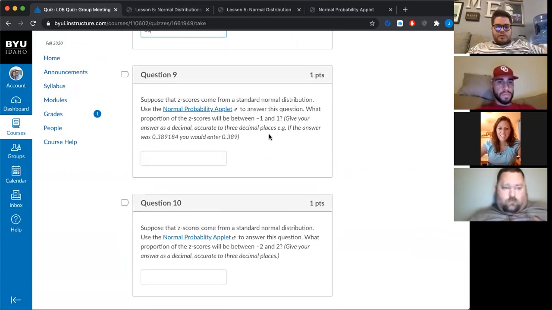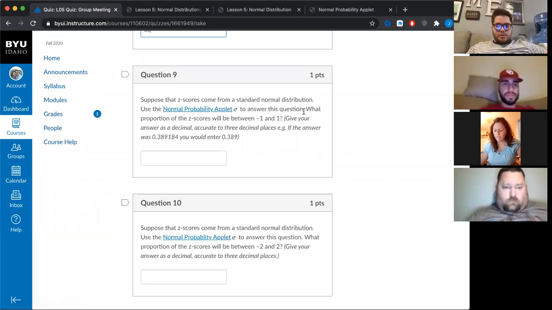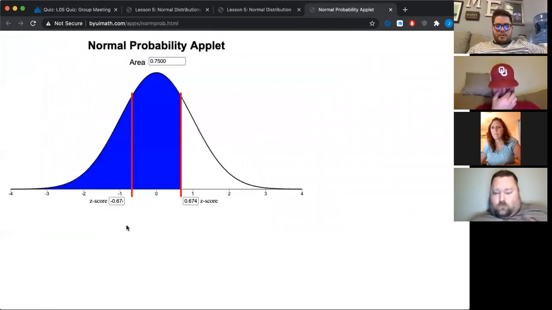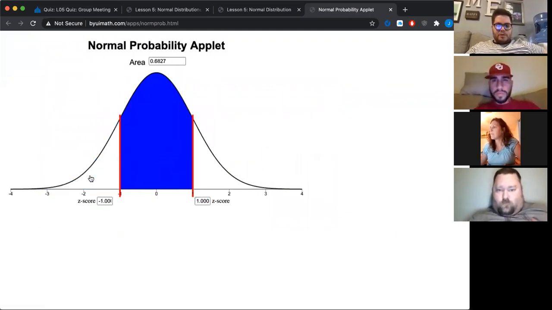So then question 9. Suppose that z-scores come from a standard normal distribution. Use the normal probability applet to answer this question. What proportion of the z-scores will be between -1 and 1? And this one we're writing as a decimal with 3 places. So if we pull up our applet, we put in 1, and then we just want this middle, because it says in between those two, is 0.6827, right?